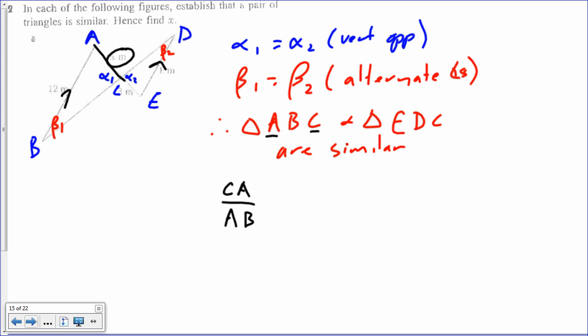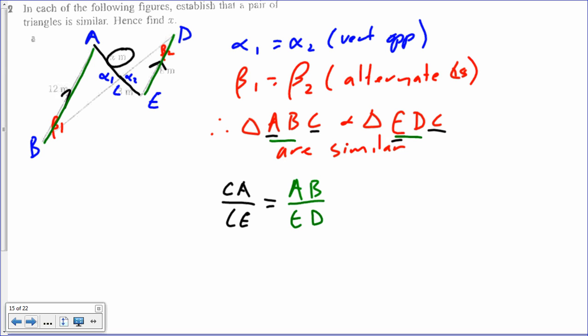Well, I've got AB there, so I need to work out a similar one on the other side, so that's going to be CE. That is equal to the other one, where we've got a note there and there, so that's going to be AB over ED.